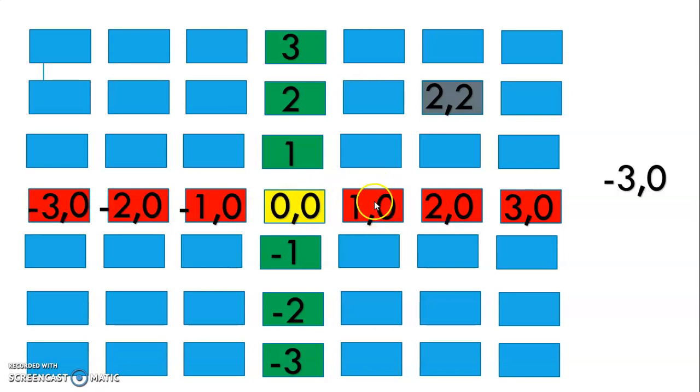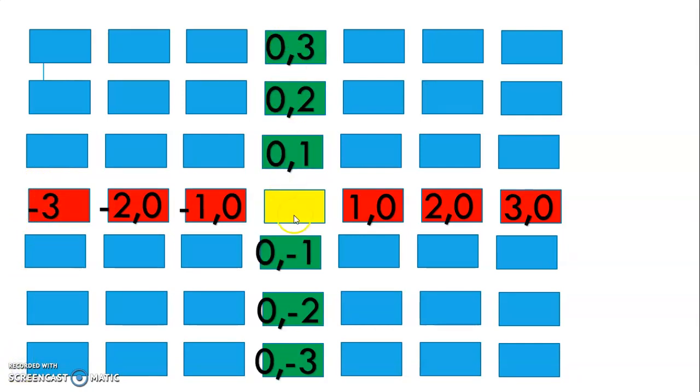So all houses on the red line will be of the form, let's say, x comma 0. I hope you understood that concept, because since this house is already on the red line, the distance from the red line to this house is 0.